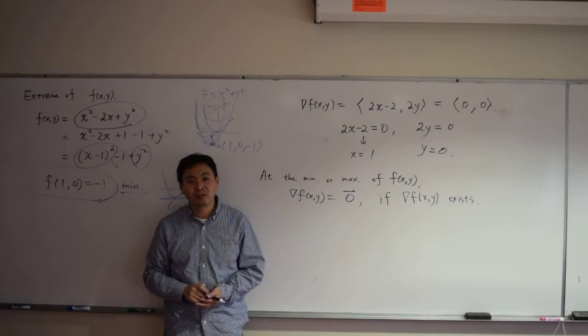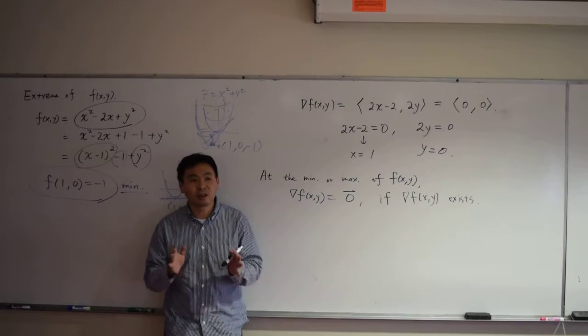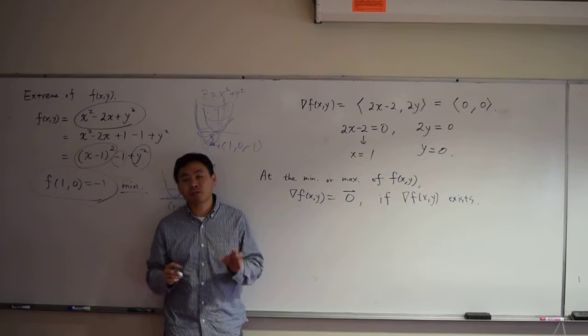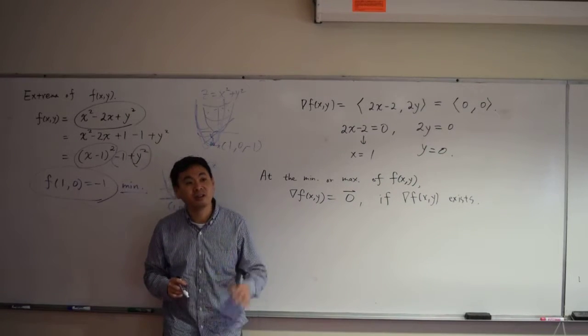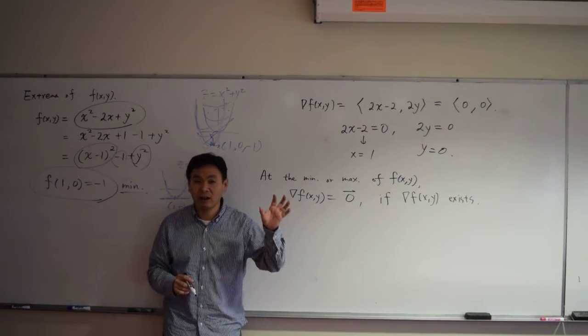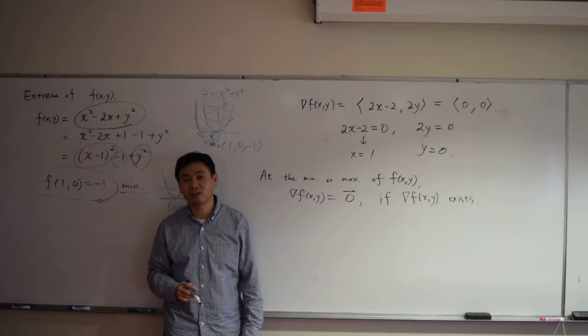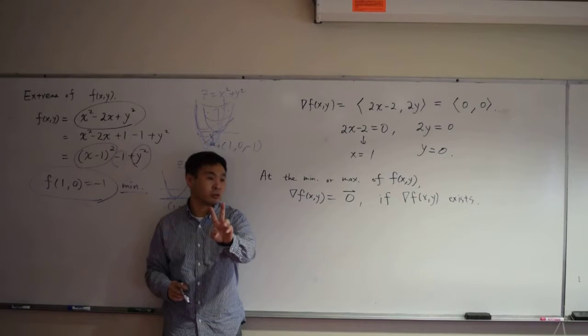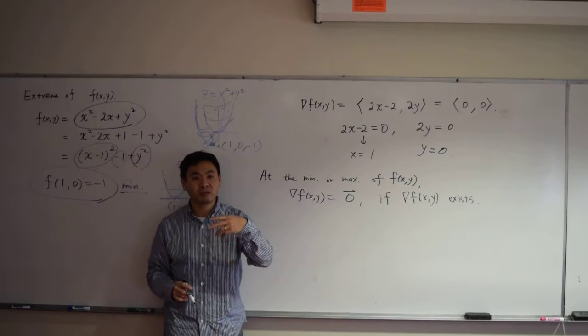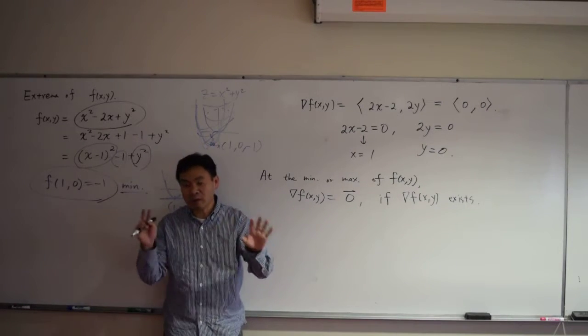So the correct answer is a critical number is where f prime is equal to 0 or f prime does not exist. Thank you. It's actually 2 cases. So let me repeat myself again.